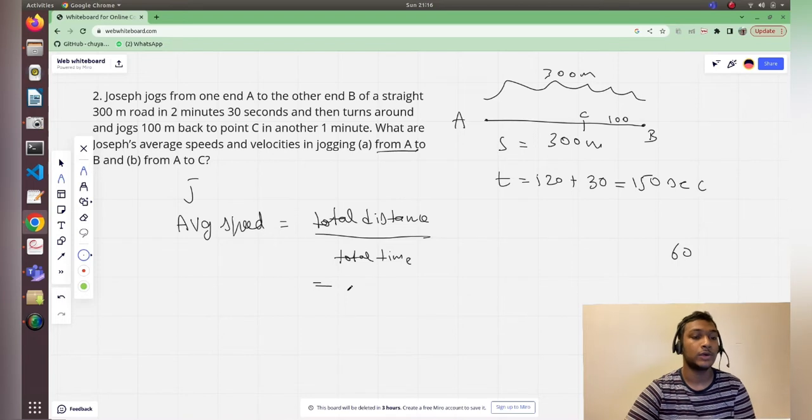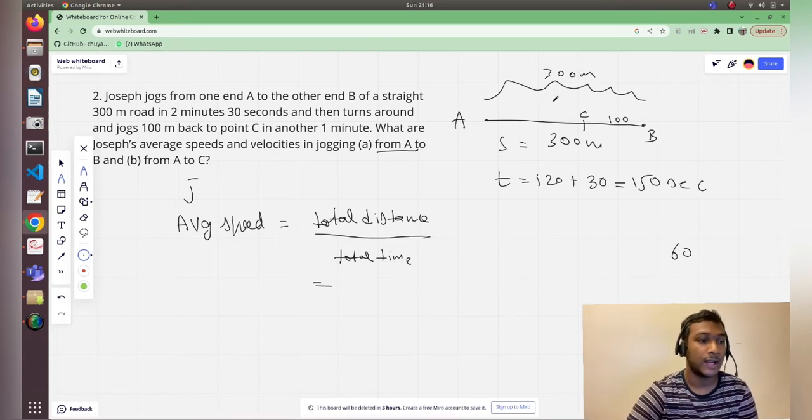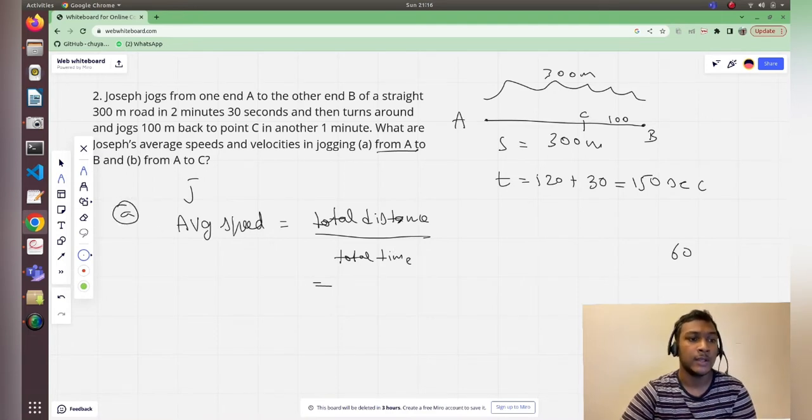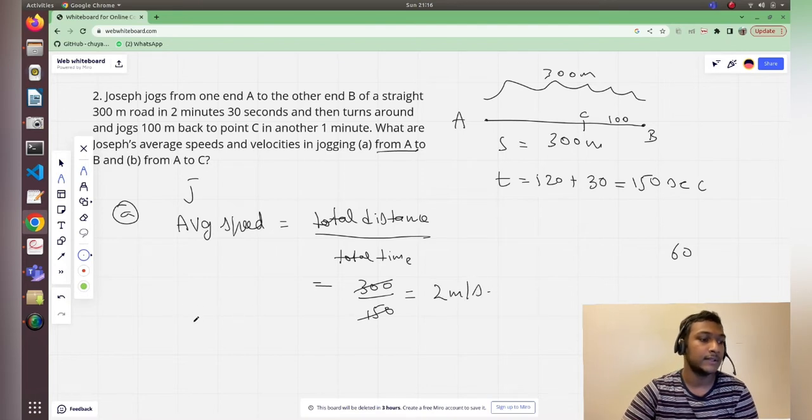So what is the total distance here? Okay, let's do part A first. So in part A, average speed is equal to total distance by total time. So total distance is 300 meters because from A to B alone. So it's 300 meters divided by total time taken as 2 minutes and 30 seconds, which is 150 seconds. If you cancel this, it is 2 meters per second. That is the average speed.